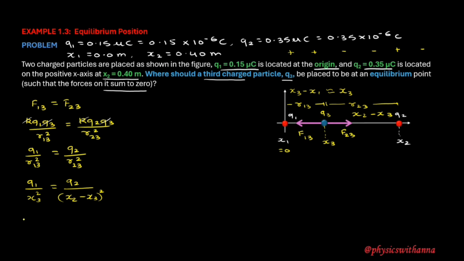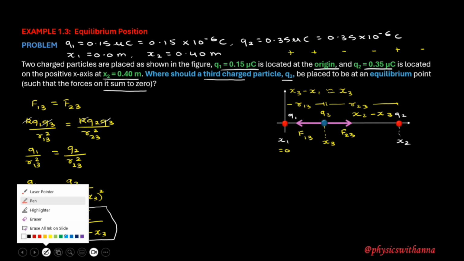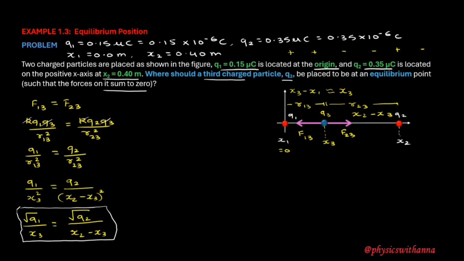I can write square root Q1 over x3 equals square root Q2 over x2 minus x3. Now we know what is Q1, Q2, and x2. We need to find what is x3. So if you do not wish to solve any further, you can use shift solve at this point to calculate x3, or else we can rearrange the terms to solve for x3 as follows.